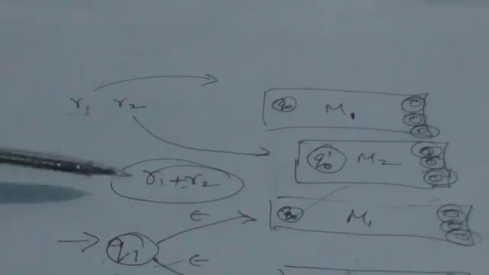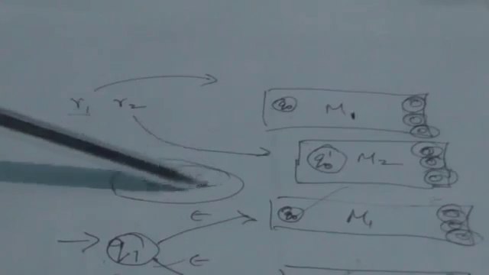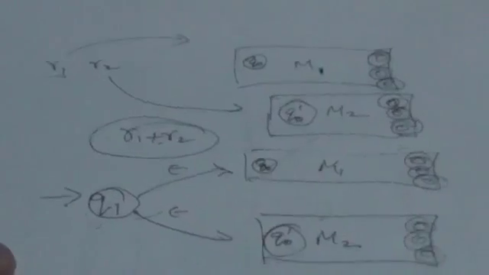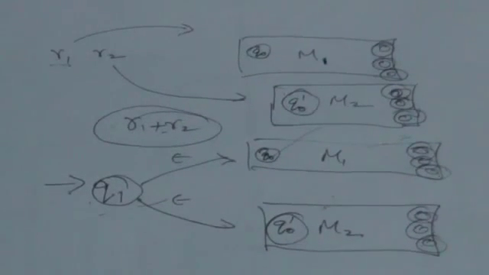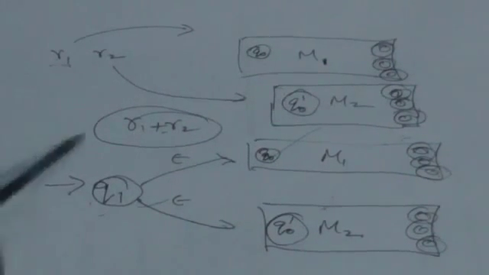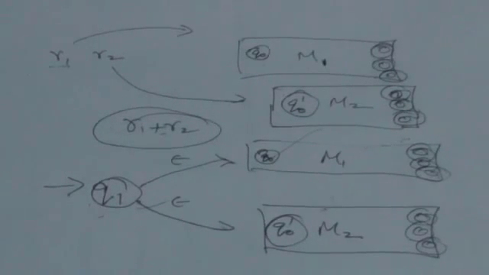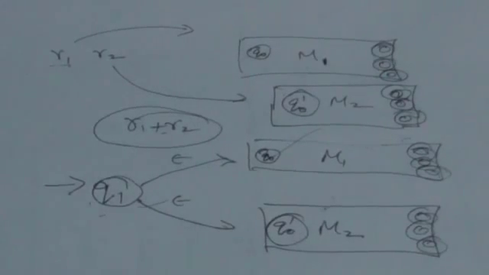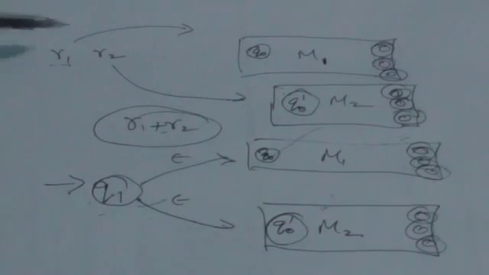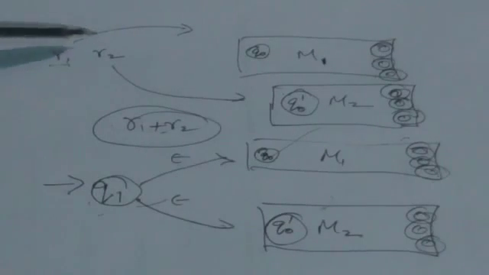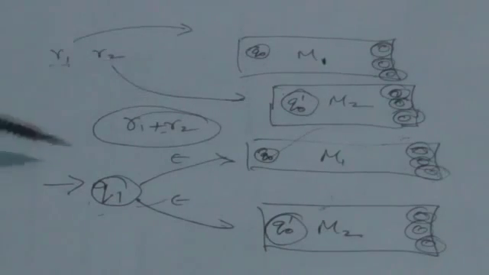Now we have to design a finite automata corresponding to this regular expression R1 plus R2, right? Now the regular set corresponding to this regular expression will have all the strings which belong to the regular set corresponding to the regular expression R1 as well as to the regular set corresponding to the regular expression R2, right?